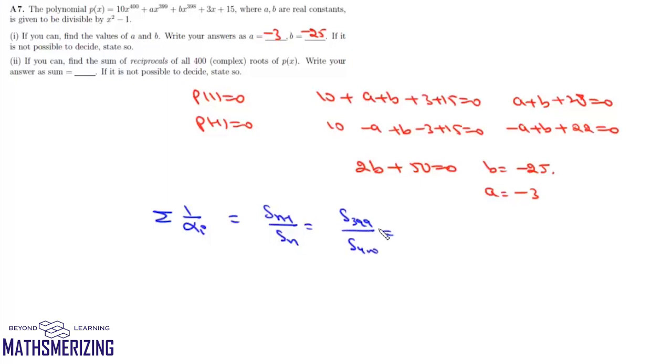Now what is S399? S399 will be minus the coefficient of this term x upon 10, and what is S400? S400 will be plus 15 upon 10. Now this 10 and 10 will cancel. So this value will be equal to minus 1 by 5.